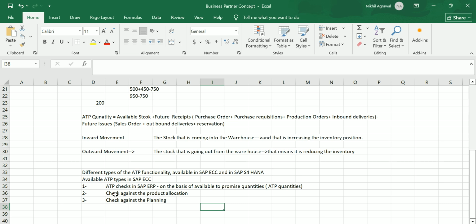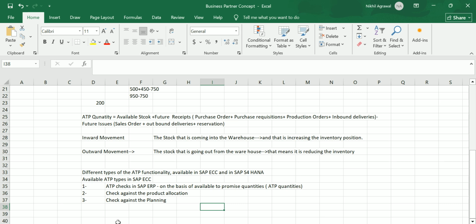For example, we are manufacturing 10 products and the demand is of 20 quantity, then we will allocate these 10 products to our specific customers which have the high priority or based on our company's strategic decision. So this is how we use the product allocation.